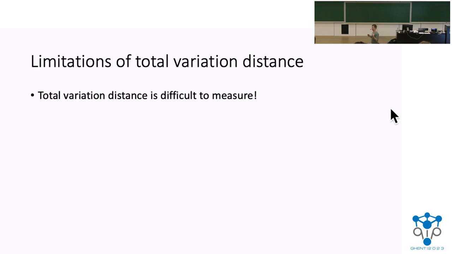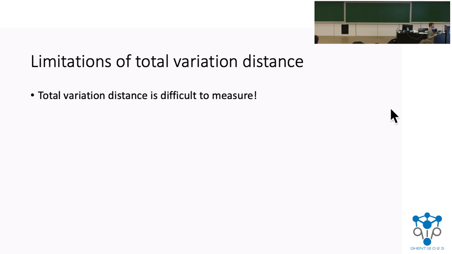There are lots of sample complexity lower bounds that say, if you give me a black box that's spitting out samples from some unknown distribution, then even to test very modest properties of this black box, like is it close or far to the uniform distribution in total variation distance, is an exponentially hard problem. It takes an exponential number of samples.